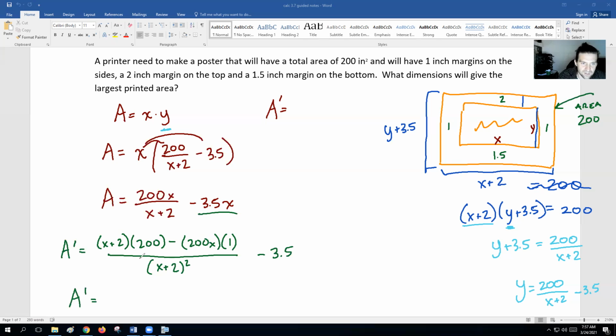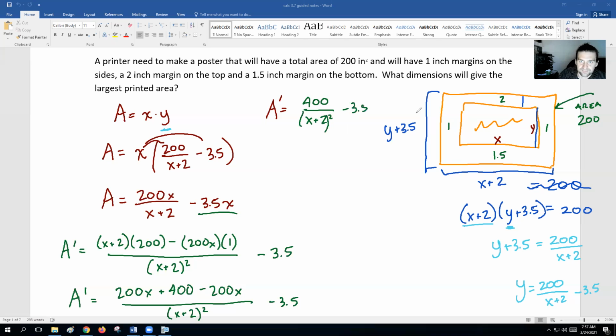All right, so let's look at our derivative. If we distribute the 200, we get 200x plus 400 minus 200x, all over x plus 2 squared, and then minus 3.5. So our derivative comes out to be 400 over x plus 2 squared minus 3.5.